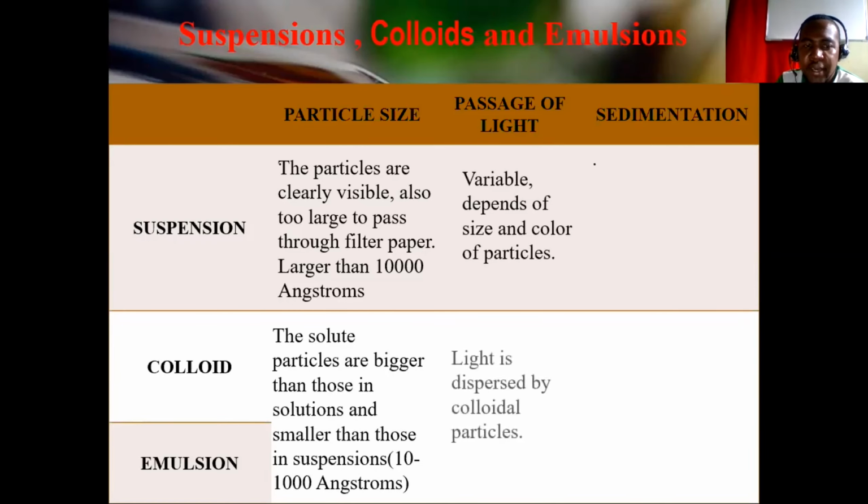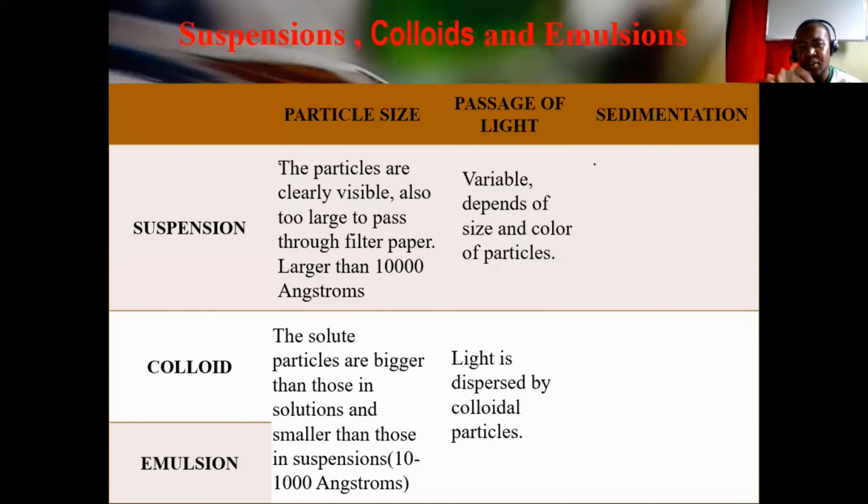For colloids and emulsions, the light is dispersed by the colloid particles. Remember, with these particles, the particles are throughout the liquid, right? So those particles that you're seeing, that are uniform throughout the liquid, will cause the light to actually start spreading out, right?